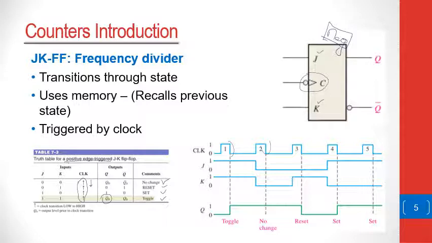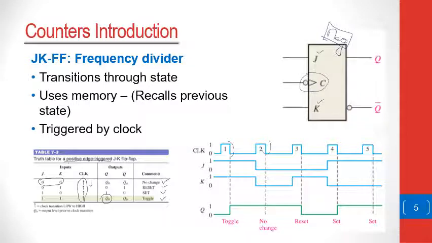So what's important here to remember is what are the inputs J and K that force these different types of transitions. When J and K are both 0, the JK flip-flop would have a no change transition, which means it will not change when both of them are 0.